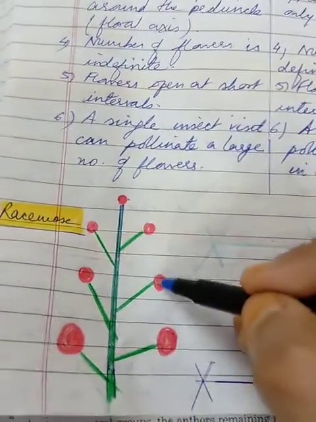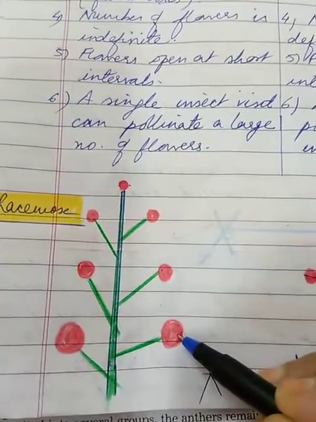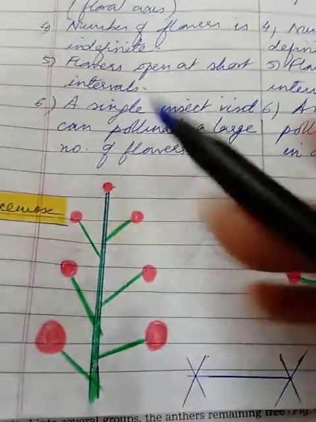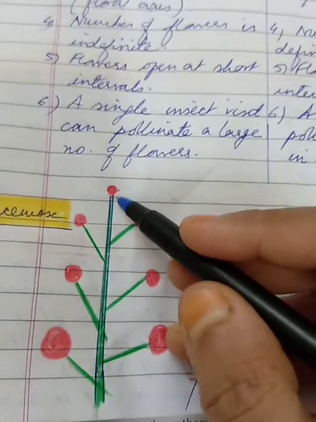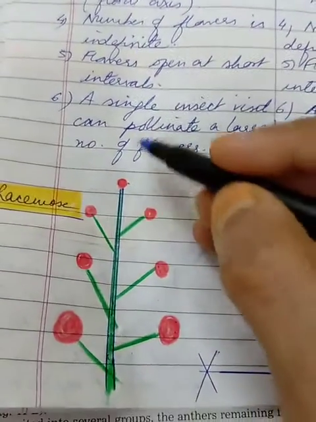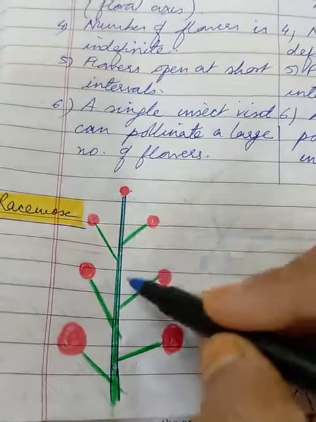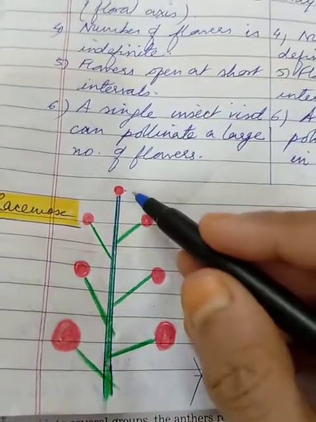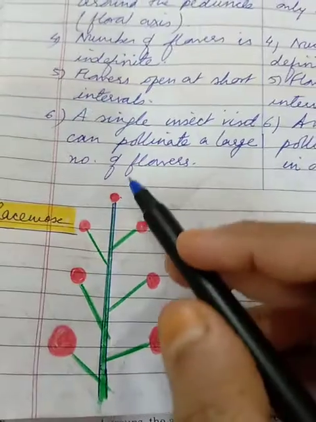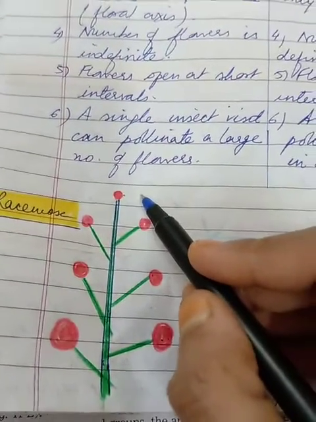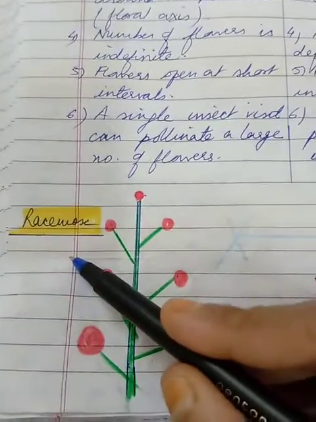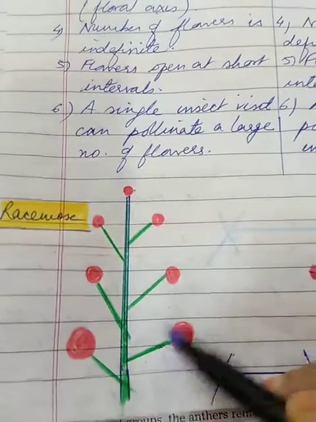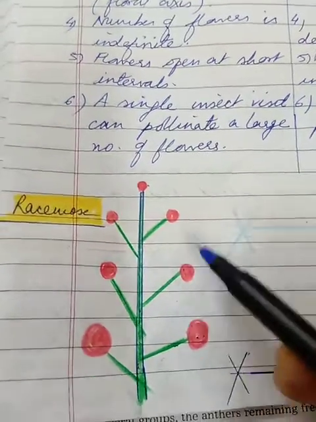This will be the mature ones, and the oldest would be at the bottom. Once again, the axis is indeterminately growing.